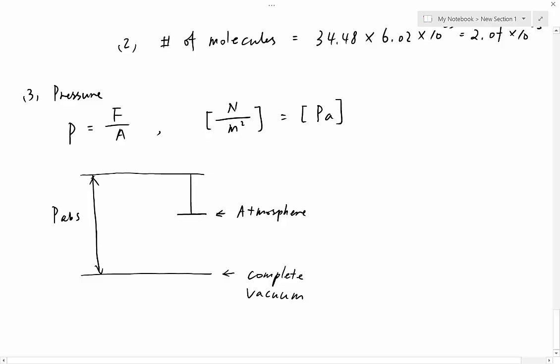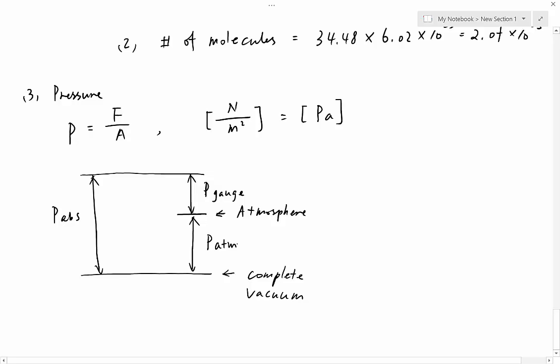If you choose atmosphere as your reference, the pressure you measure, we call P with a subscript of gauge, gauge pressure. And here is the pressure of the ATM.